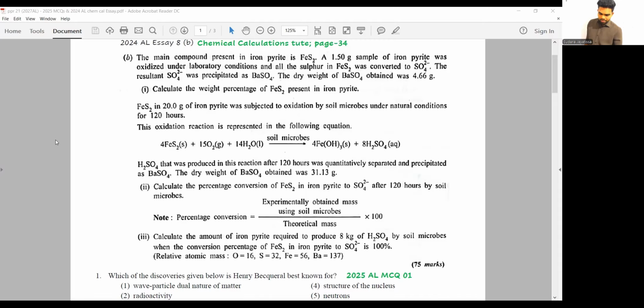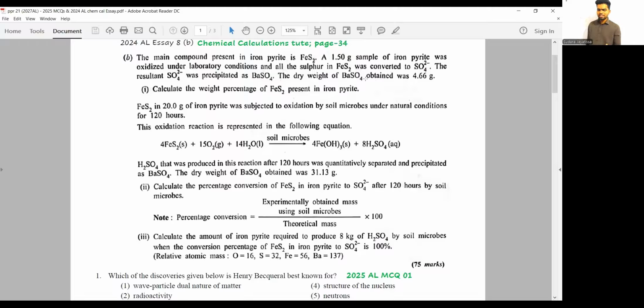So the main compound present in iron pyrite is FeS2. Iron pyrite is a metal ore, something that we get from the earth. A 1.5 gram sample of iron pyrite was oxidized under laboratory conditions, and all the sulfur in FeS2 was converted to sulfate. So they are doing some redox reaction.